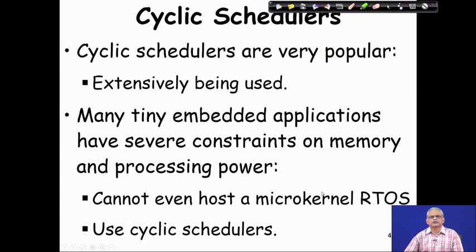For example, even a microkernel operating system, which we will see later, may take several kilobytes of memory and requires running several thousands of lines of code each time a scheduling point occurs. But here the cyclic scheduler is very simple. It requires running only a few lines of code each time a new task is to be taken up for scheduling.